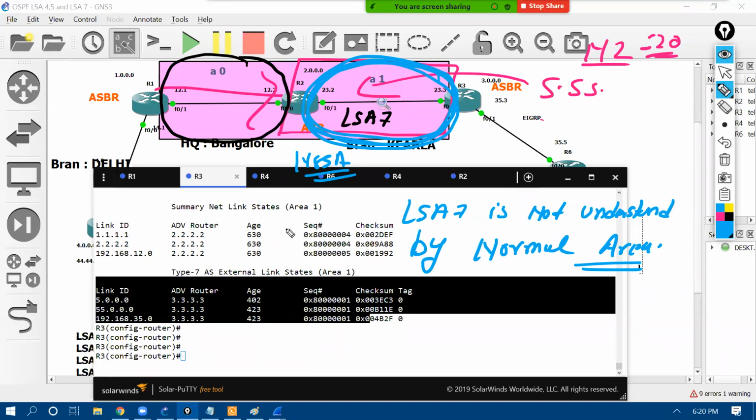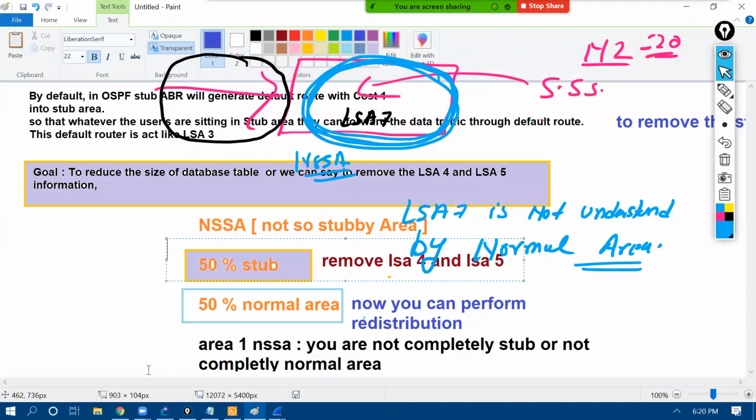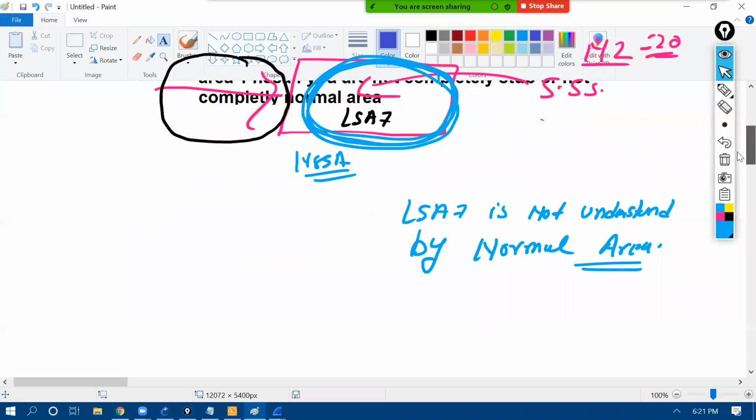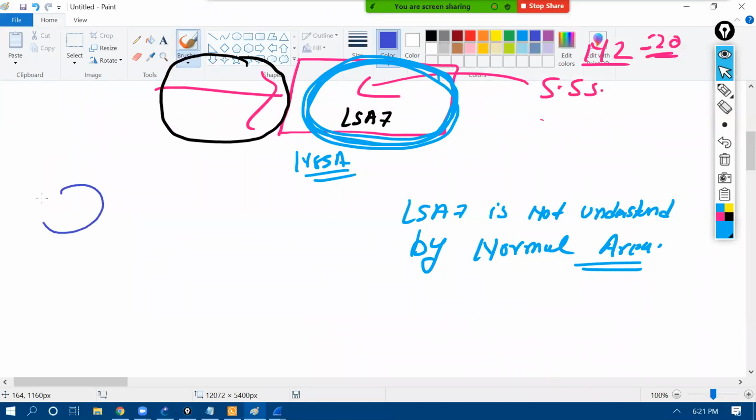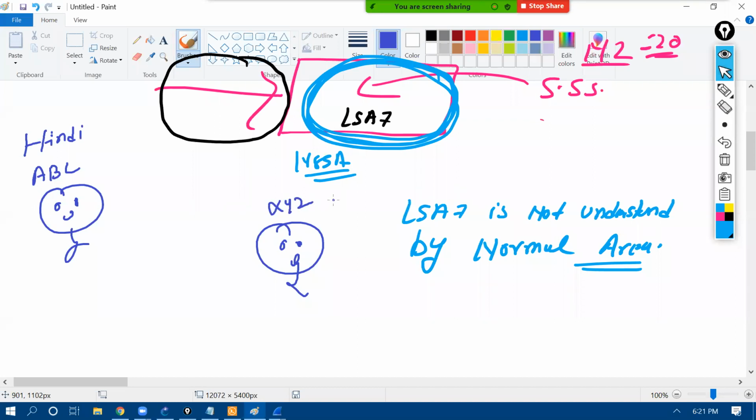It is a problem. So what can we do over there, guys, try to understand. This is R2, something like that. Let me give one example. Tell me one thing, this is a guy ABC and this guy does not know English, he only knows Hindi. Now he has a girlfriend, XYZ, and she knows English.